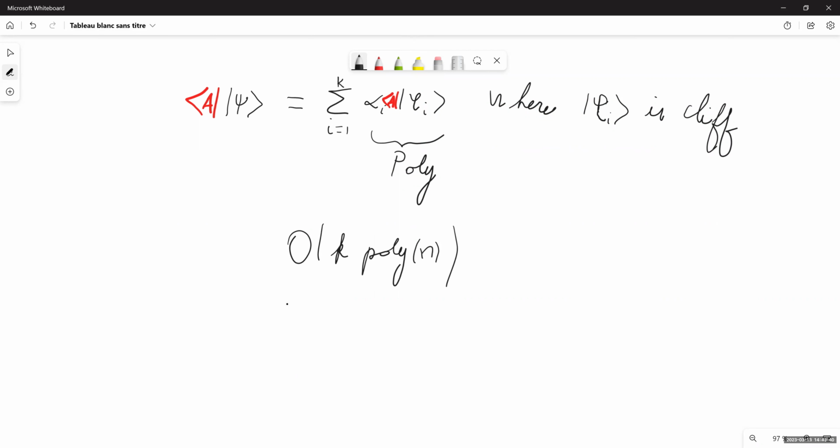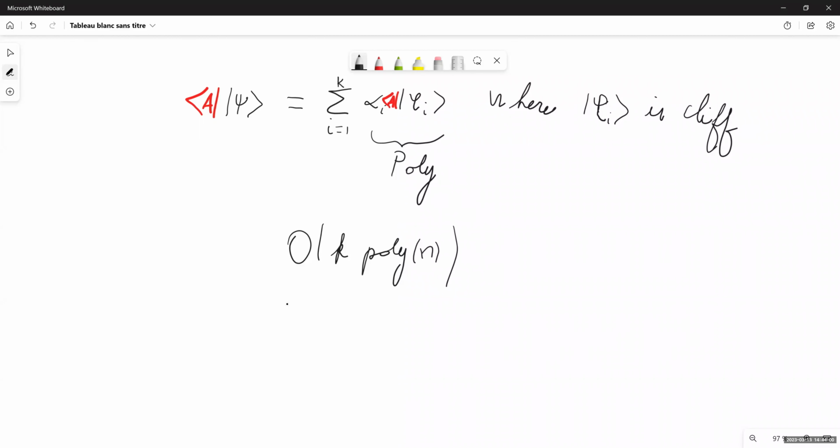So this is good if k is small. If k is large, it's worse, but this works pretty well when you have low T gates, or low non-Clifford things in your diagram. And so the idea is to try to minimize the k in this sum.